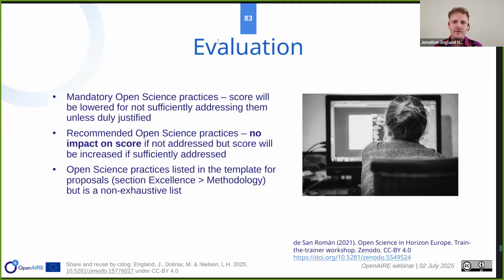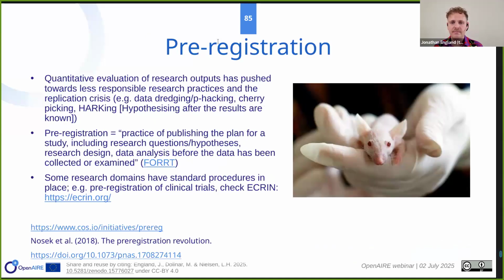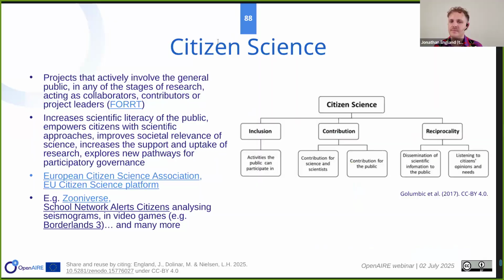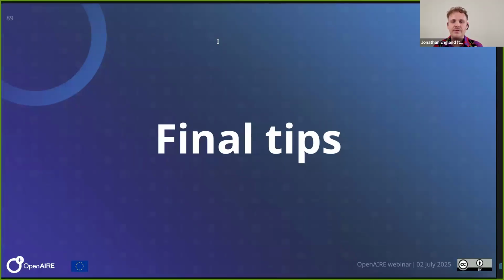They will never have a negative impact if you don't include them, but they can have a positive impact. So I've included some slides about pre-registration, preprints, public engagement, citizen science, and all these other types of optional open science practices.